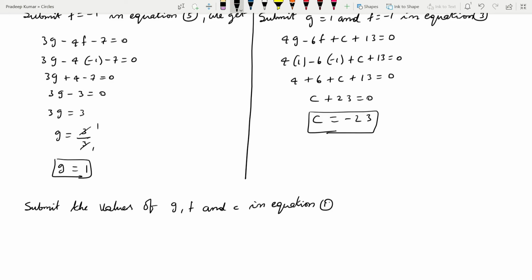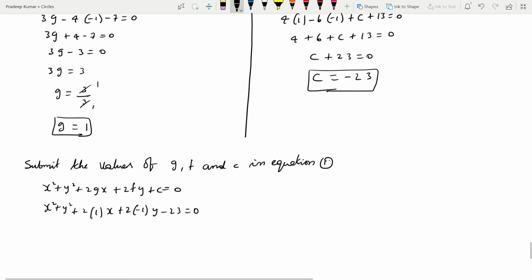The general equation I'm writing is x square plus y square plus 2gx plus 2fy plus c equal to 0. Here I'm substituting the values: x square plus y square plus 2 into the g value, which was 1, so 2x, plus 2 into the f value, which was minus 1, and the c value we got as minus 23.